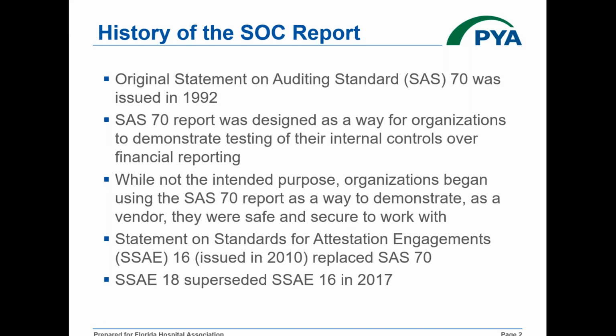Some of those controls may touch on the safety and security of data, but that certainly wouldn't be the focus of that type of audit. So, again, we've got the creation in 1992 of this new type of audit called a SAS 70, focused on internal controls over financial reporting.